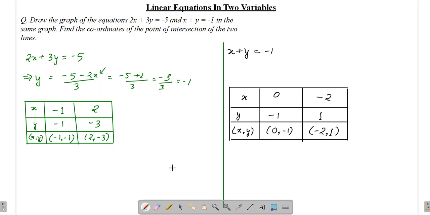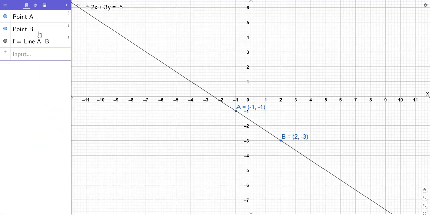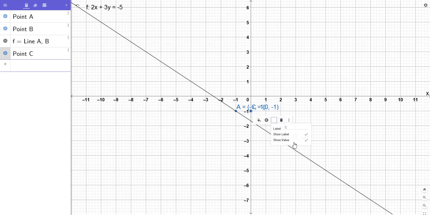Now I'll plot these two points, that is 0 comma -1 and -2 comma 1. Here it is 0 comma -1, and then the second point was -2 comma 1.